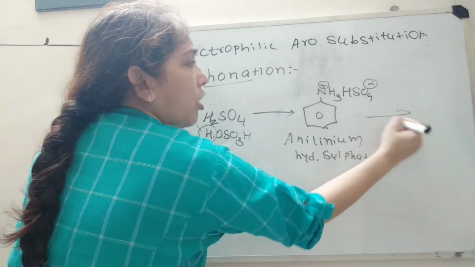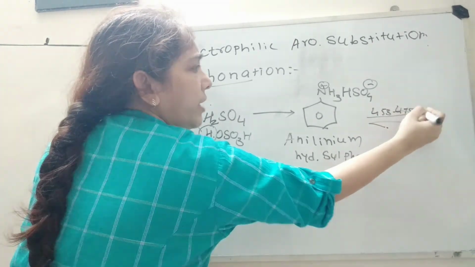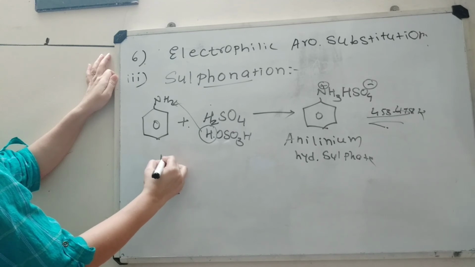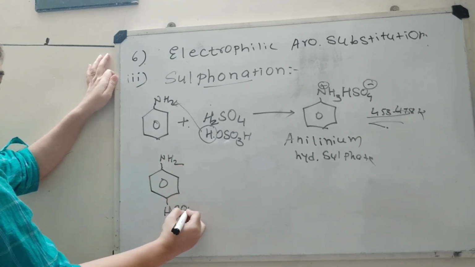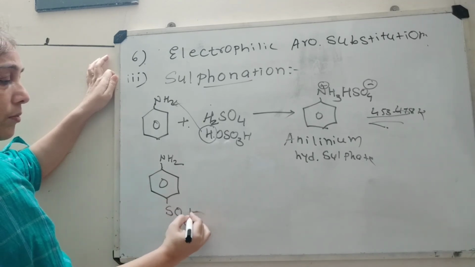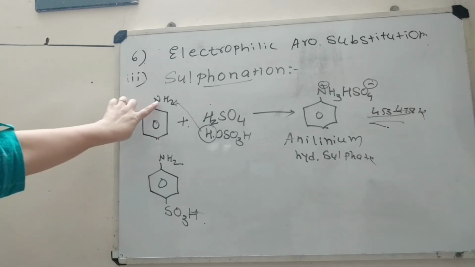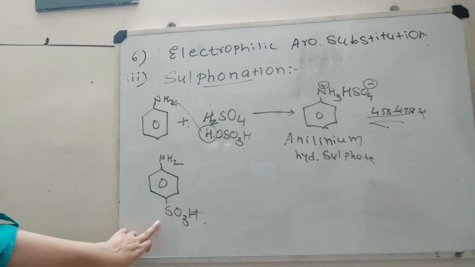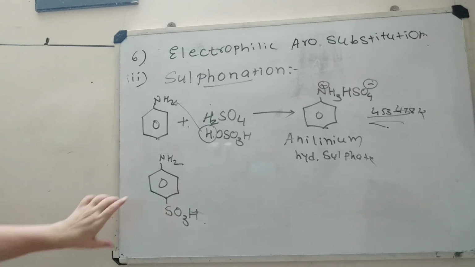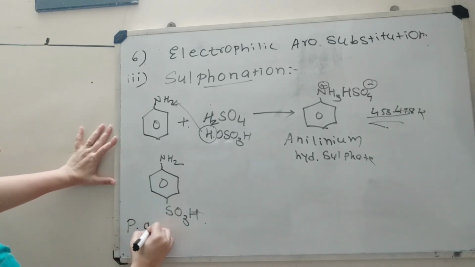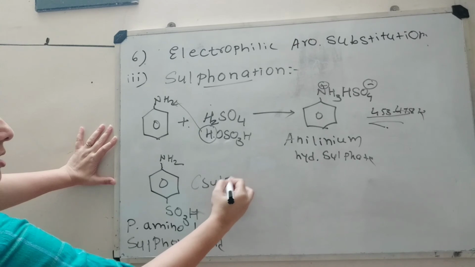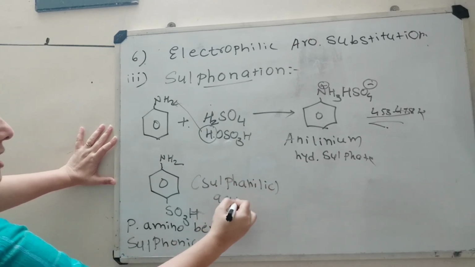If it is heated strongly, at 453 to 478 Kelvin, at this temperature it is again converted to the NH2 group in the same place, and to the para position we just put the SO3H, and this SO3H group and NH2 is nothing but para-aminobenzene sulfonic acid. It is also known as sulfanilic acid.